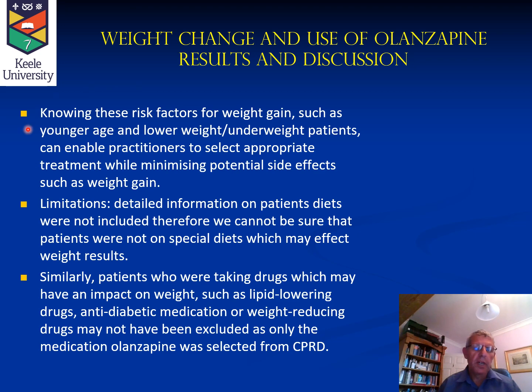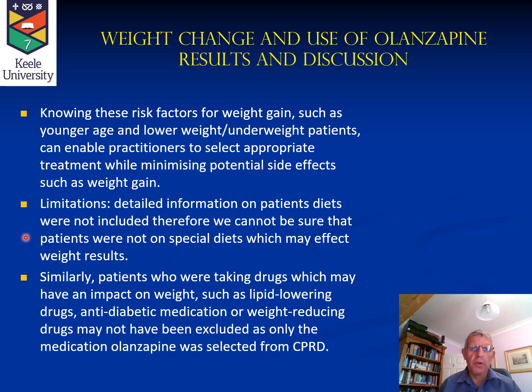So finally, how do we put all this together? This is from the discussion. So knowing these risk factors for weight gain, such as younger age, lower weight, can enable practitioners to select appropriate treatments while minimizing side effects. As we mentioned, there are limitations of the study, particularly diet, which we didn't have information on.